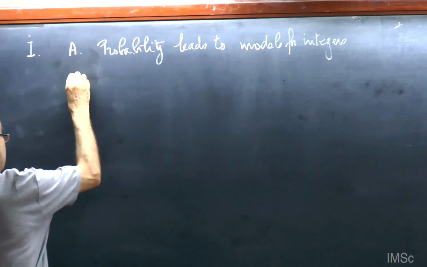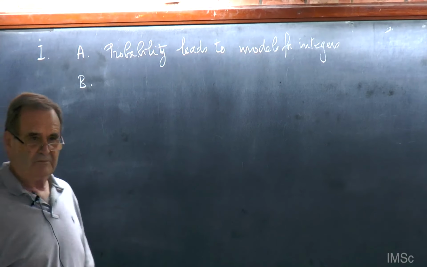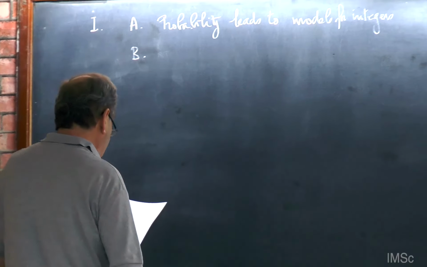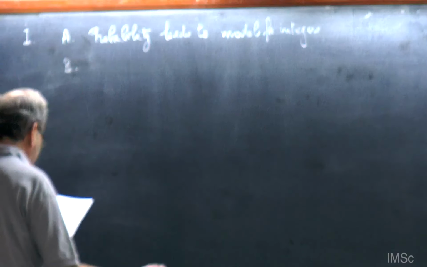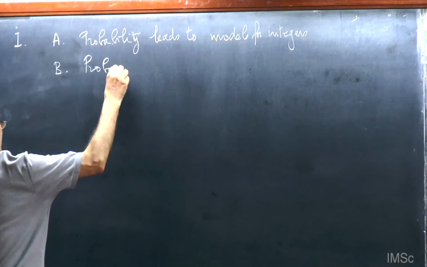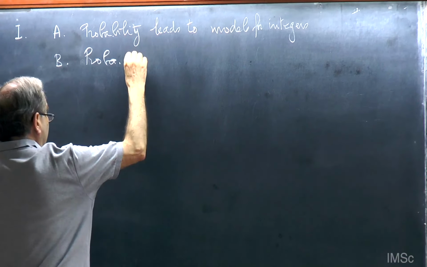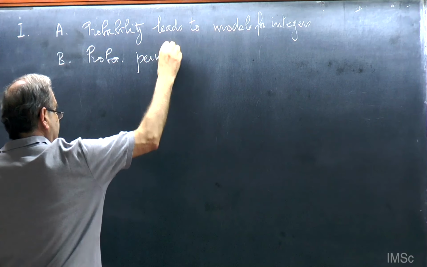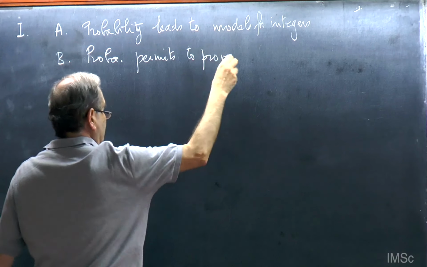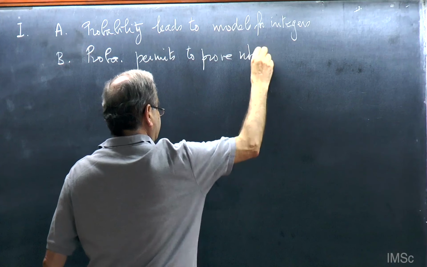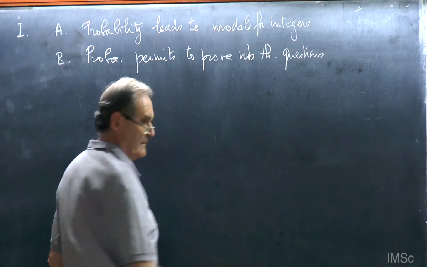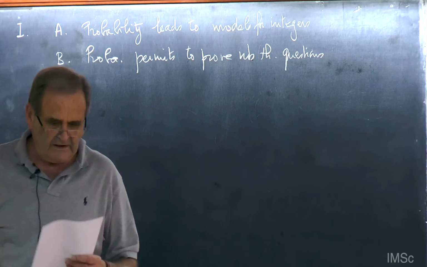Now the other thing is that if you are using probability techniques, first of all, probability techniques may help you to prove number theoretic questions. This is another thing we are going to see.